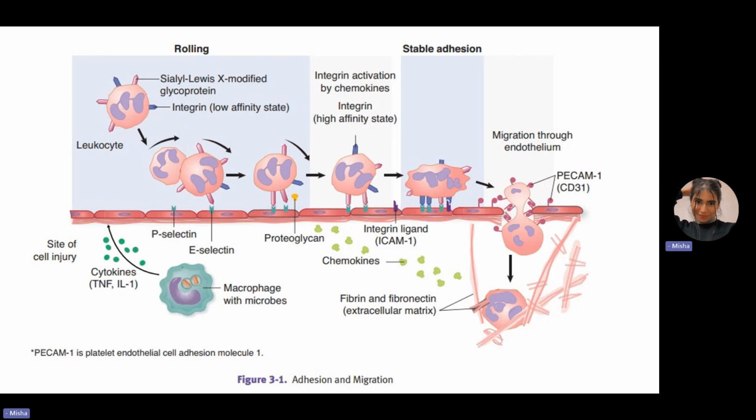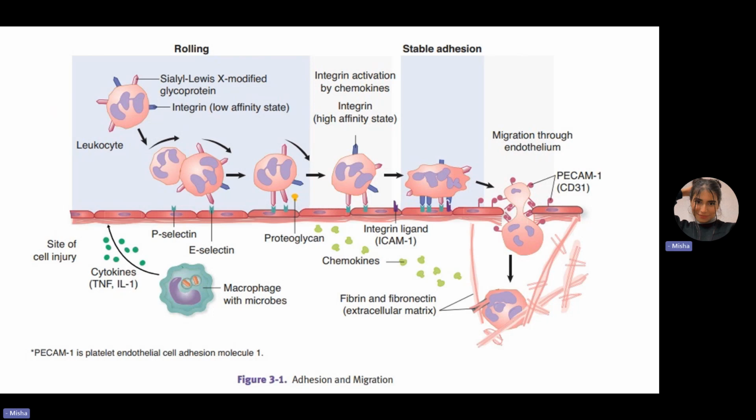Now, the reason that I'm telling you all of this, or why you need to know it, is because there is pathology related to it. So, there are diseases such as leukocyte adhesion deficiency, where the integrin is faulty, right? So, the interaction does not occur, and so the migration basically cannot occur.